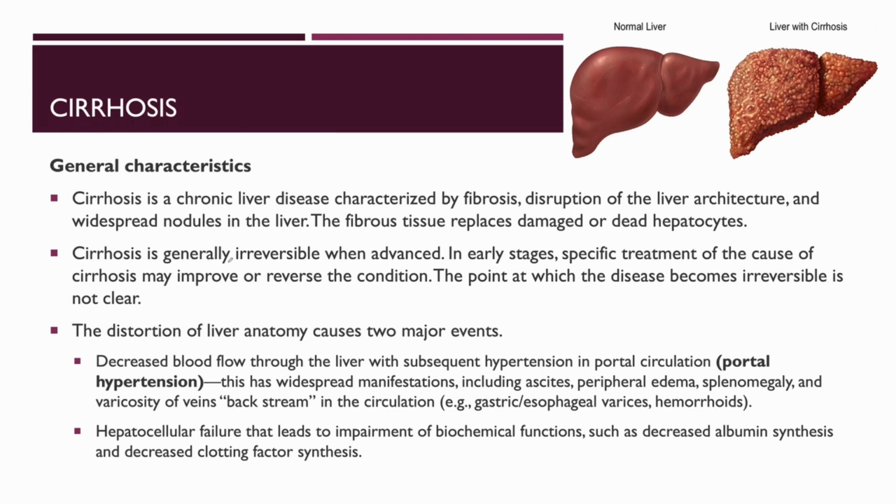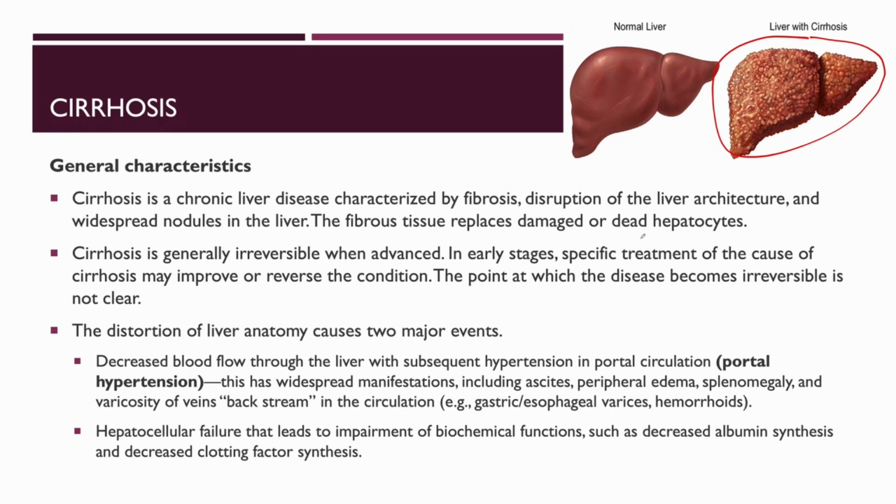And generally, by the time it gets to this point, cirrhosis is irreversible. In early stages, when it's not quite at this stage, you can do some things that can improve or reverse the condition. But it's not quite clear where that transition point happens between irreversibility and reversibility.